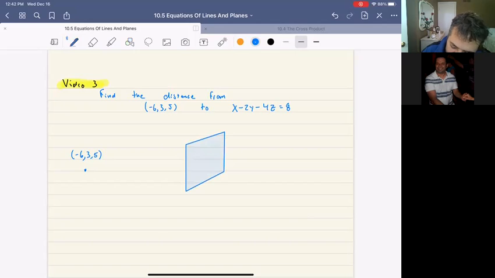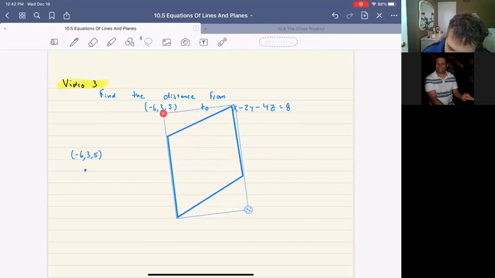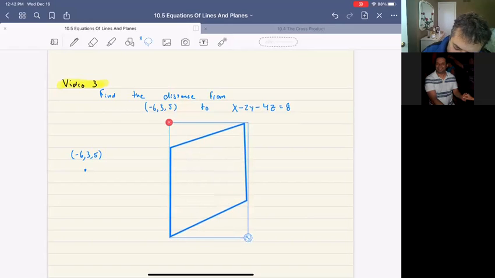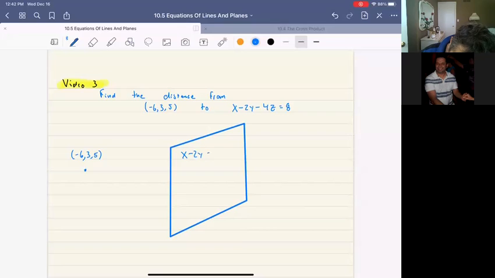I don't like how my plane came out. Okay, that'll have to do. And my plane, let's make it a little bigger, is defined by the equation x minus 2y minus 4z equals 8.